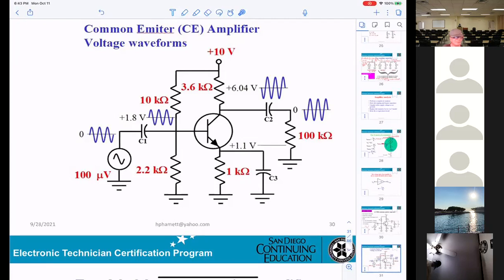That's why: common emitter. You understand common? Ground, right? Common is like the ground, because it's connected to the ground. Common emitter means in a common emitter amplifier, the emitter will be ground.